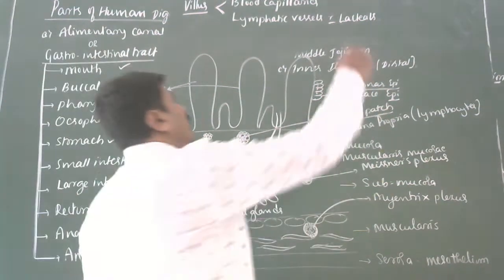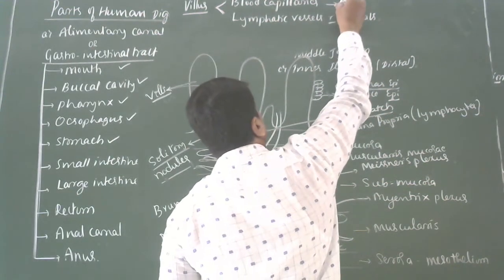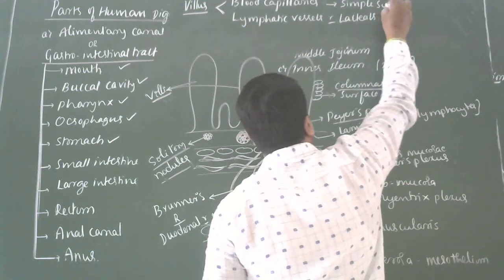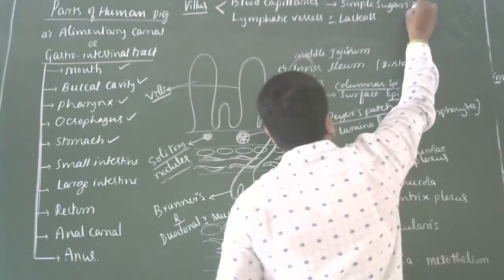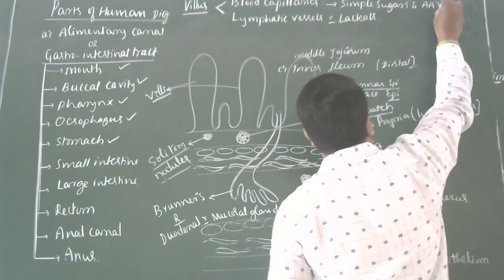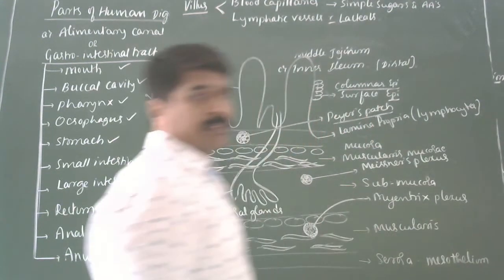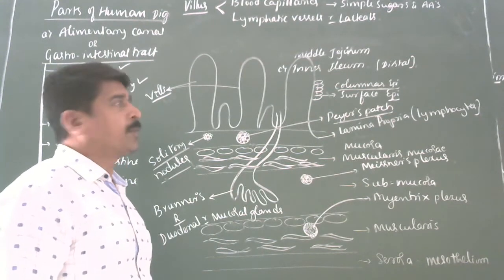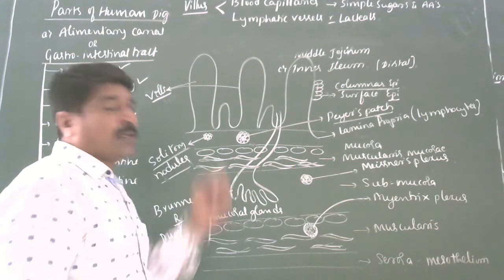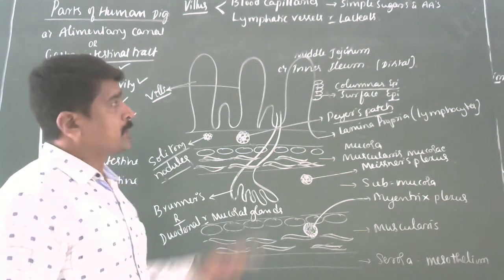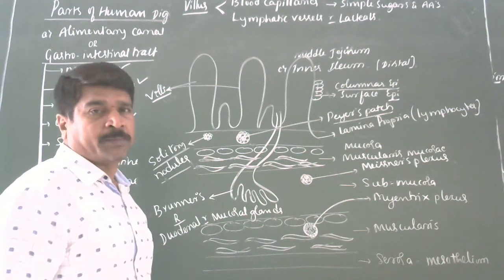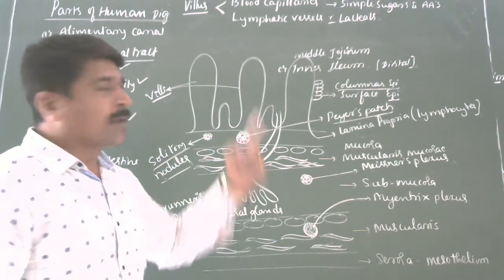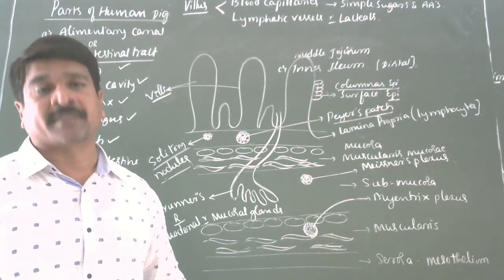Blood capillaries help in the absorption of the end products of carbohydrates like simple sugars and the end products of proteins like amino acids.